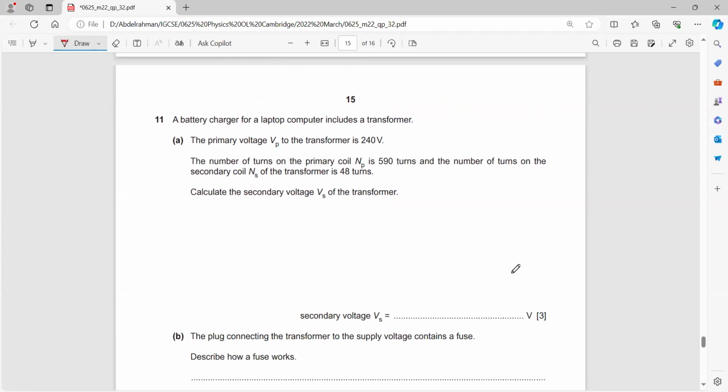Okay. Transformer: VP 240, NP 590, NS 48. Can I find VS? It's a very straightforward question. What's the equation we will use? NS over NP equals VS over VP. Okay. I personally prefer VP over NP equals VS over NS. It's the same equation.